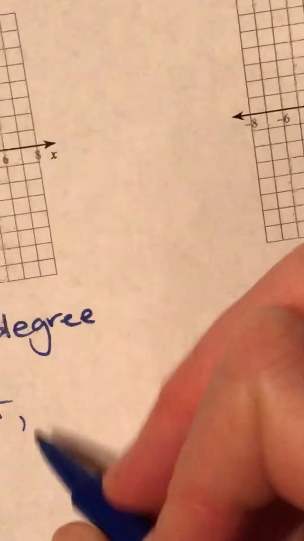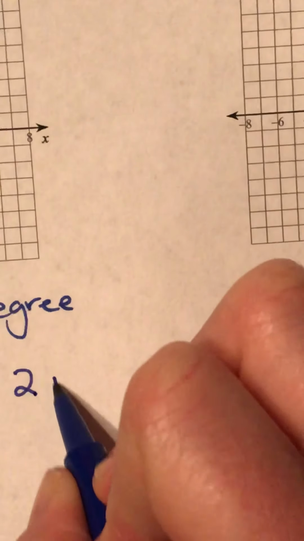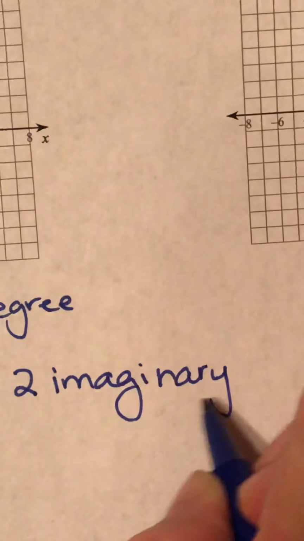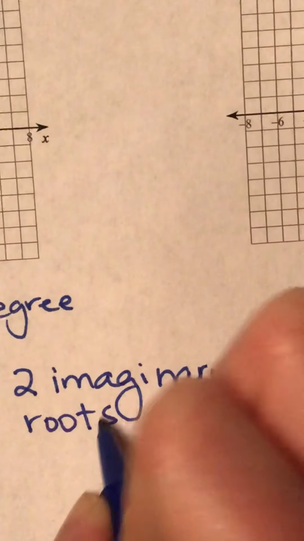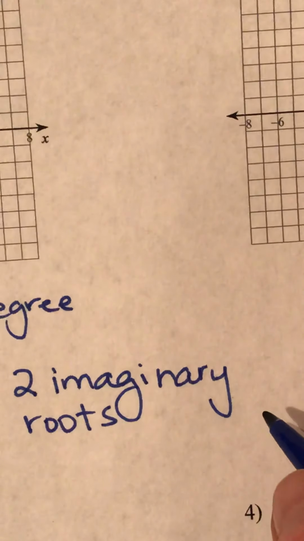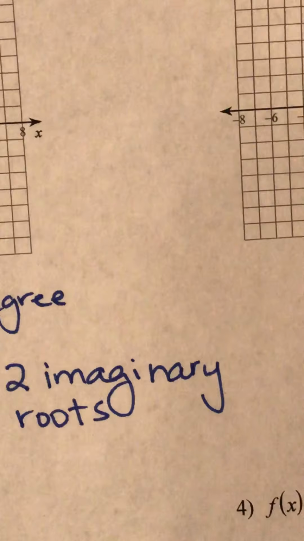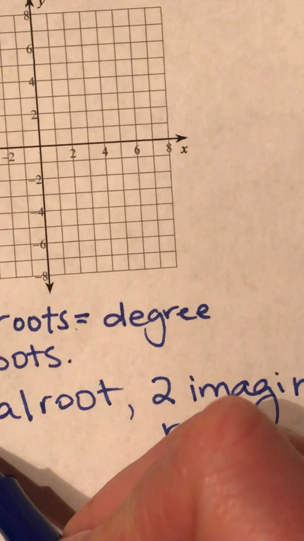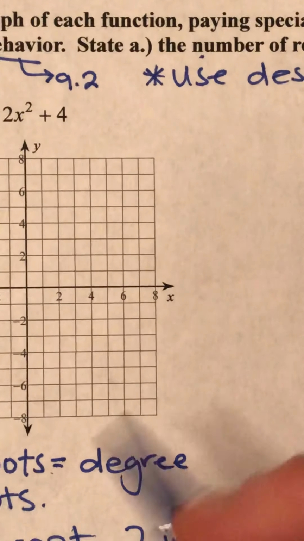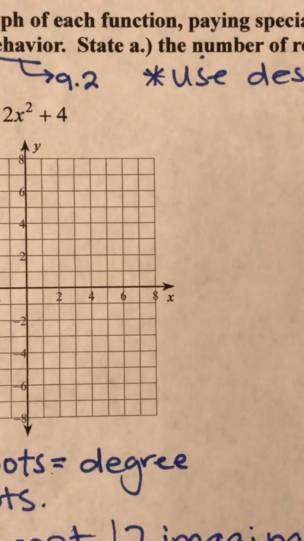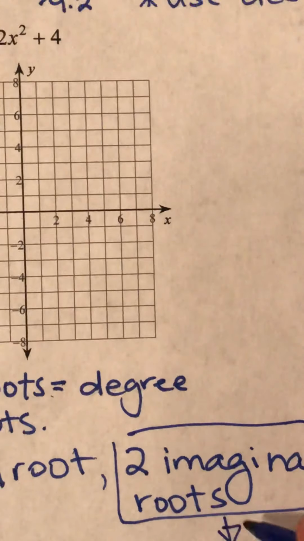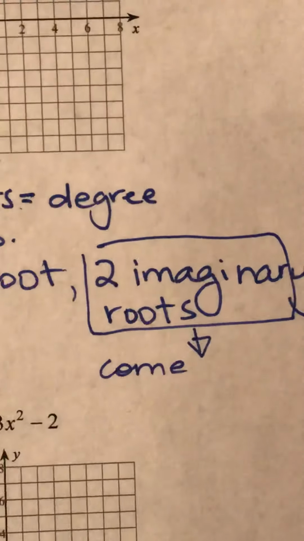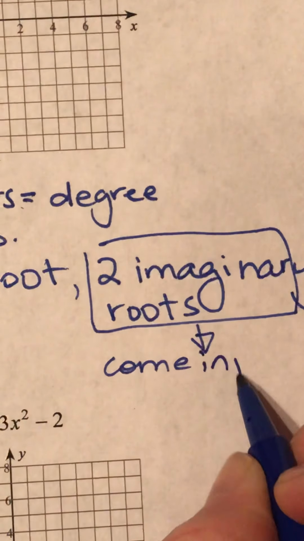And what's going on for those other 2 roots is that there are 2 imaginary roots. We can assume that because there are 3 total, and the key to know about imaginary roots is they come in pairs.